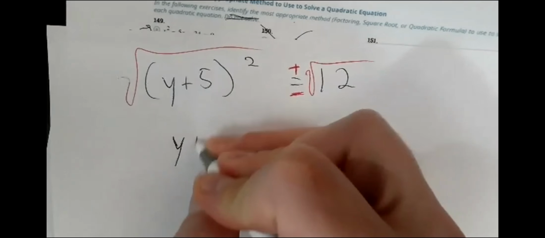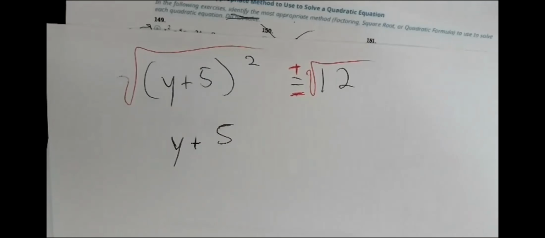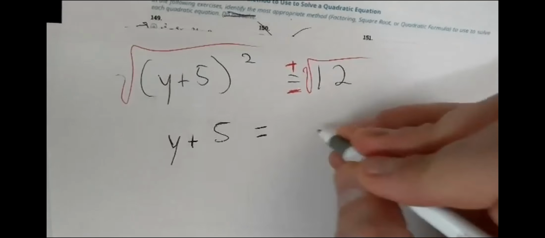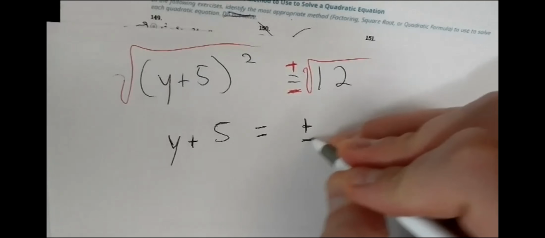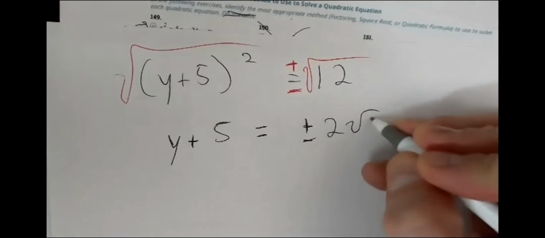Plus or minus. y plus 5 is that thing without the square. Well, it's not a perfect square, so I got 6, 2 times 3, 2 square root of 3.